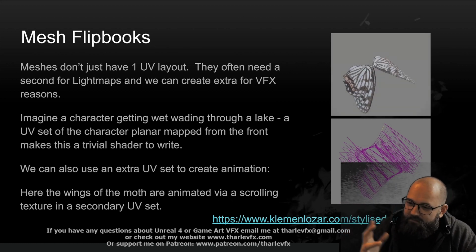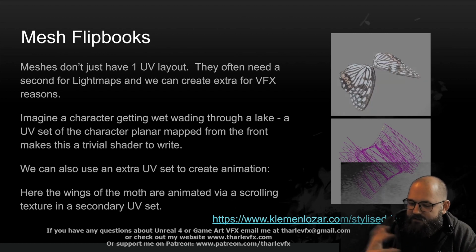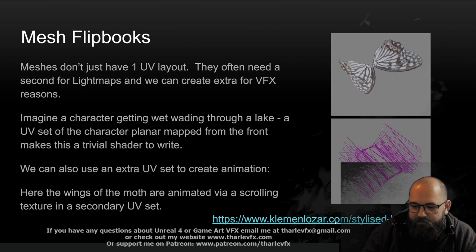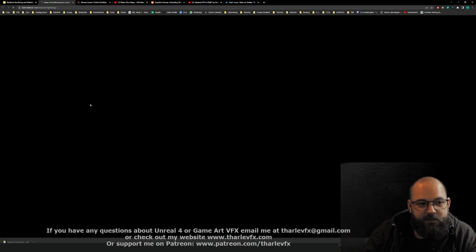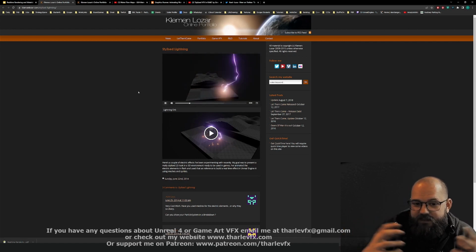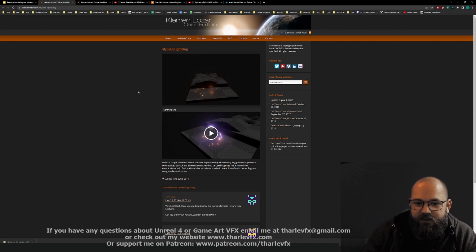Something like this moth, I say maybe there's better ways to do that using the sine wave vertex animations we looked at earlier, but if we get back to Clement's website again, stylized lightning, or even just realistic lightning, each one of the frames of this lightning would have been modeled.